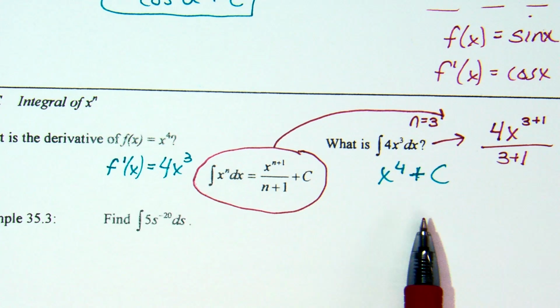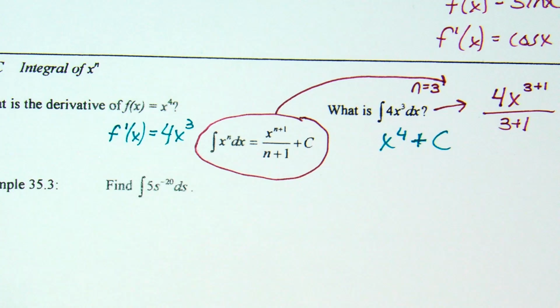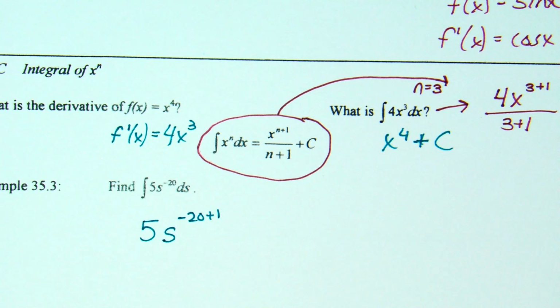Okay, let's try example 3. The integral of 5s to the negative 20 ds. So, okay, add 1 to the power. So I'm going to keep the 5 as is. 5s to the, and I'm going to write it as negative 20 plus 1.